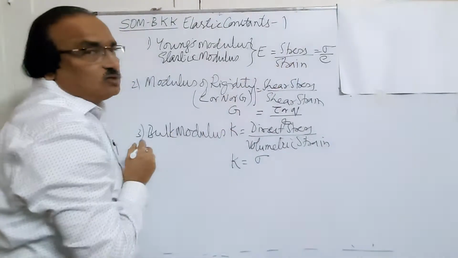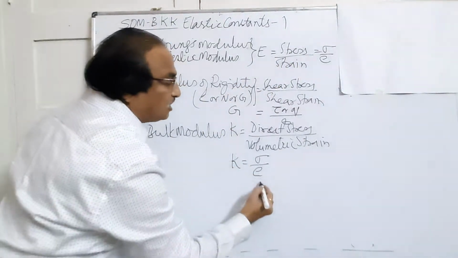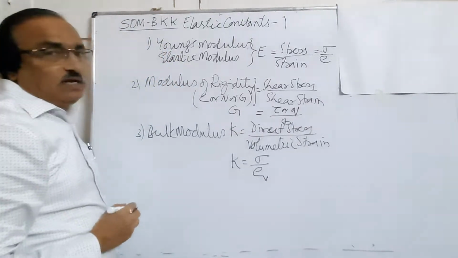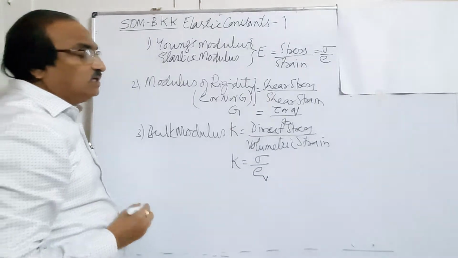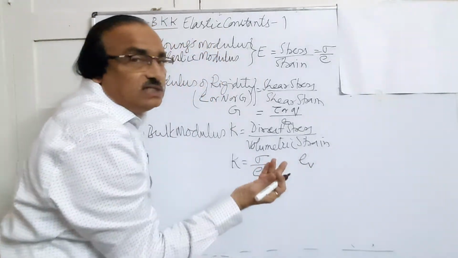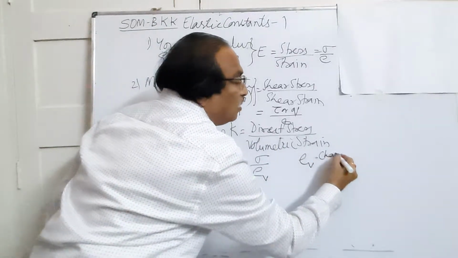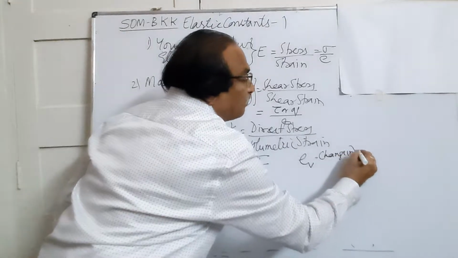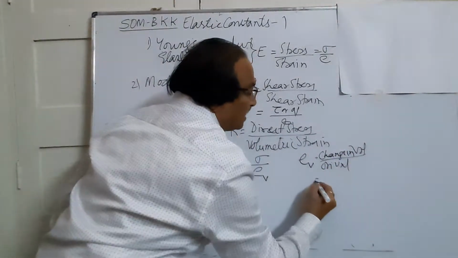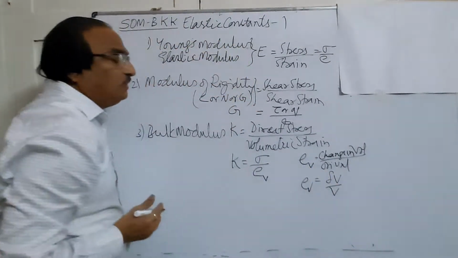This is normal stress or direct stress, divided by strain, which is volumetric strain, so we will write it as epsilon V. So stress by epsilon V will give the bulk modulus, and we know volumetric strain. Linear strain is change in length by original length. Volumetric strain is change in volume by original volume. So we can write delta V by V as the volumetric strain.